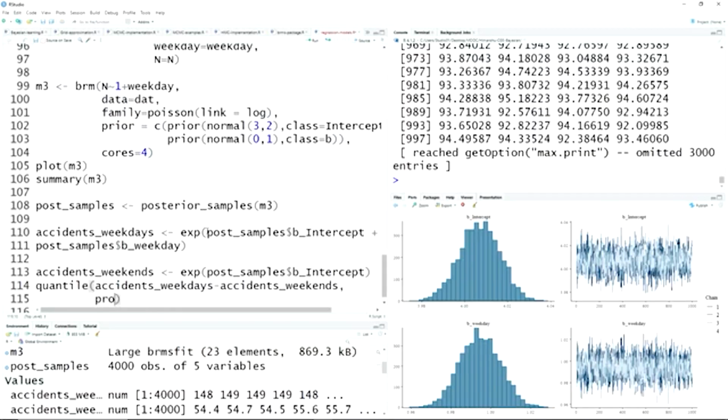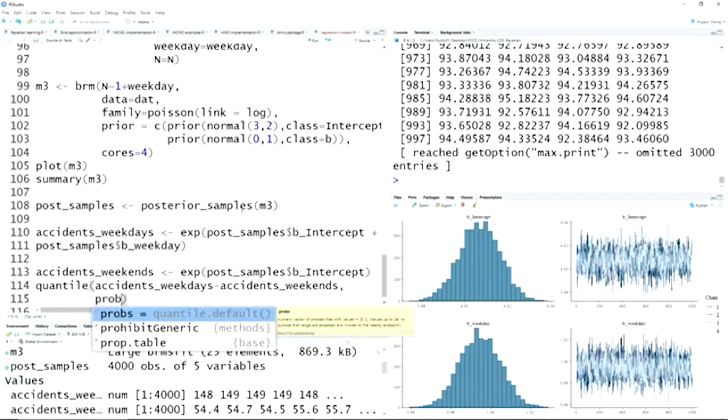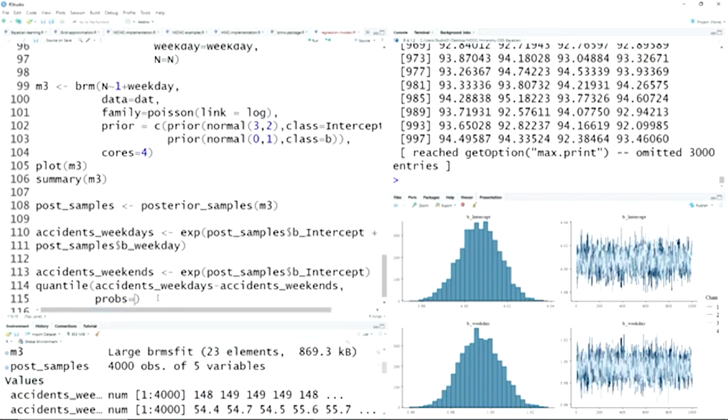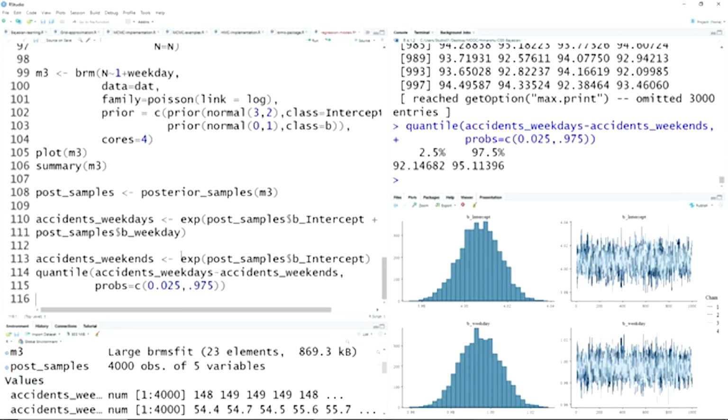What you are getting in the model output was on log scale. So you are getting log lambda, and the difference of log lambda across weekend and weekdays. Now you are getting the actual difference between the lambda value in weekend and weekdays. This will give you the 95% credible interval of that.